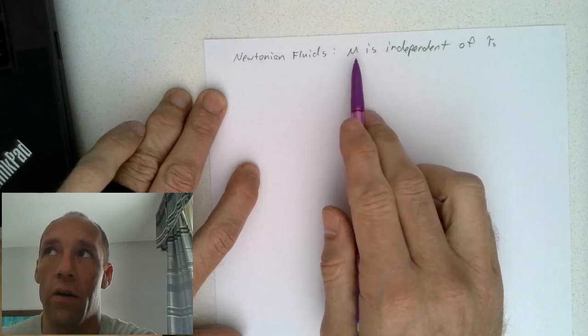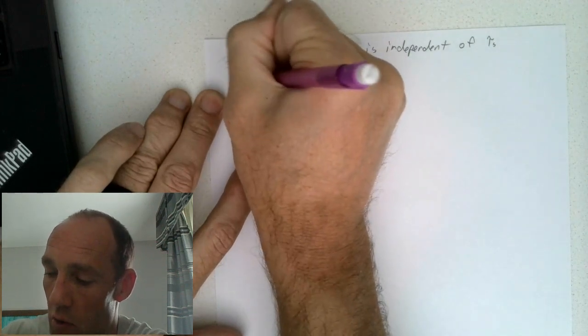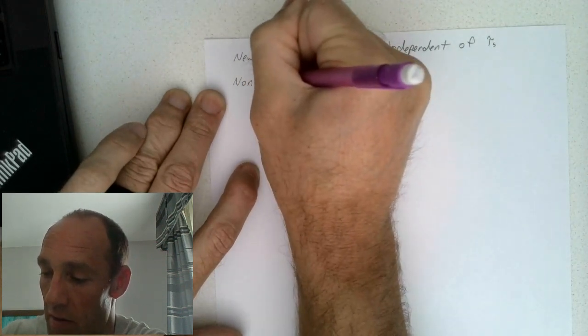Non-Newtonian fluids come in two varieties.